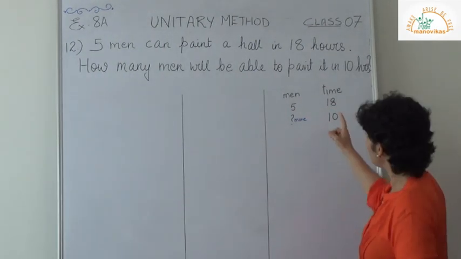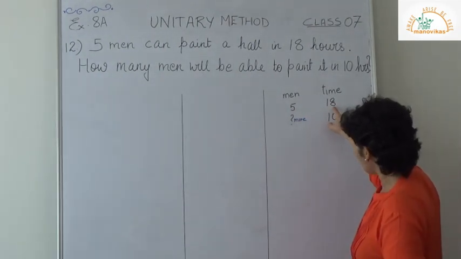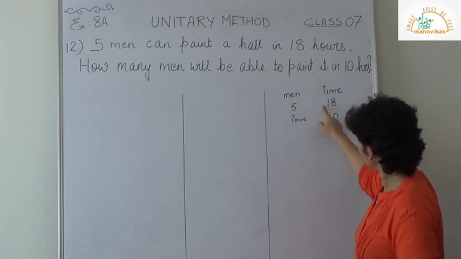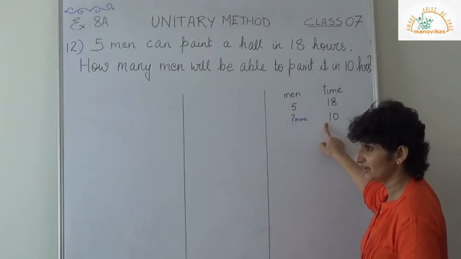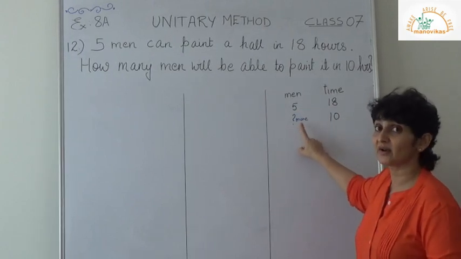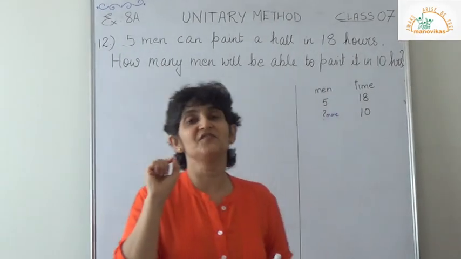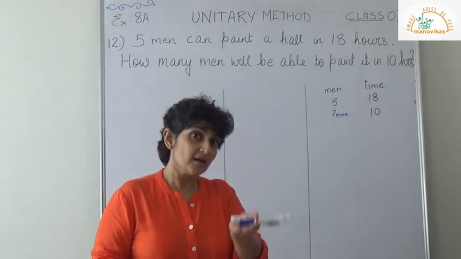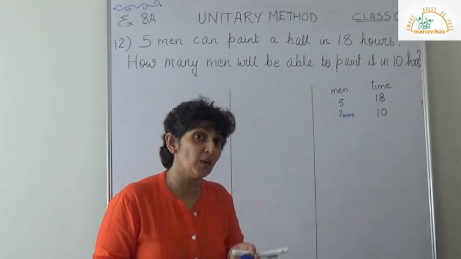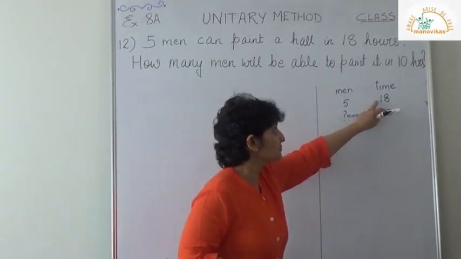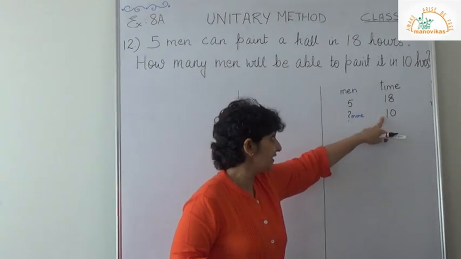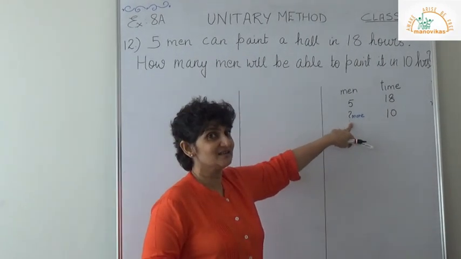So now it is opposite. More time, this many men. Less time is given, but I need more men. So this is called inverse proportion, where one is increased, the other one decreases. Now, in spite of this number decreasing, here it doesn't decrease.